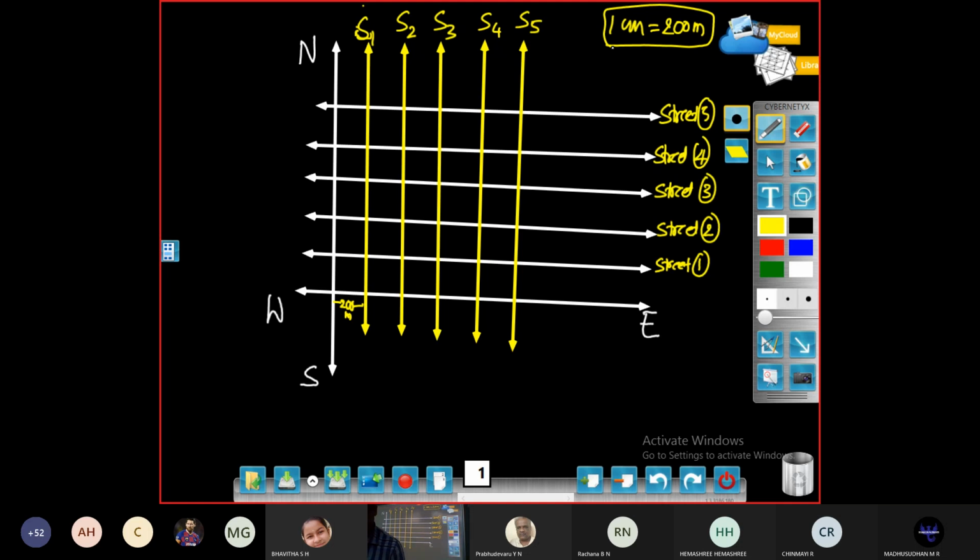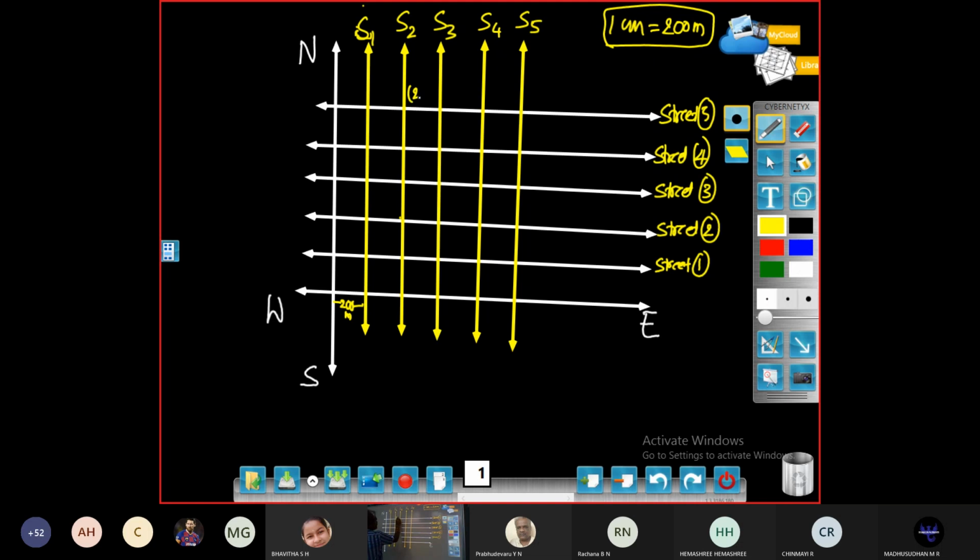First one, what you have to take? North-south direction you have to take. Parallel to north-south, the second street, and the 5th one. How you are going to show that one? Second street and 5th one. This is second. 1, 2, 3, 4, 5.